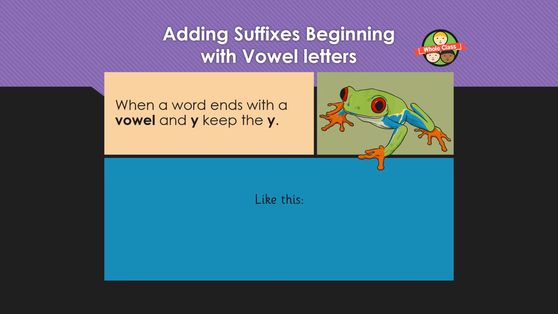When a word ends with a vowel and Y, you keep the Y. So for example, joyous, because the word ends in OY, which is vowel followed by Y, when you add the OUS, you just directly add OUS, so joyous.